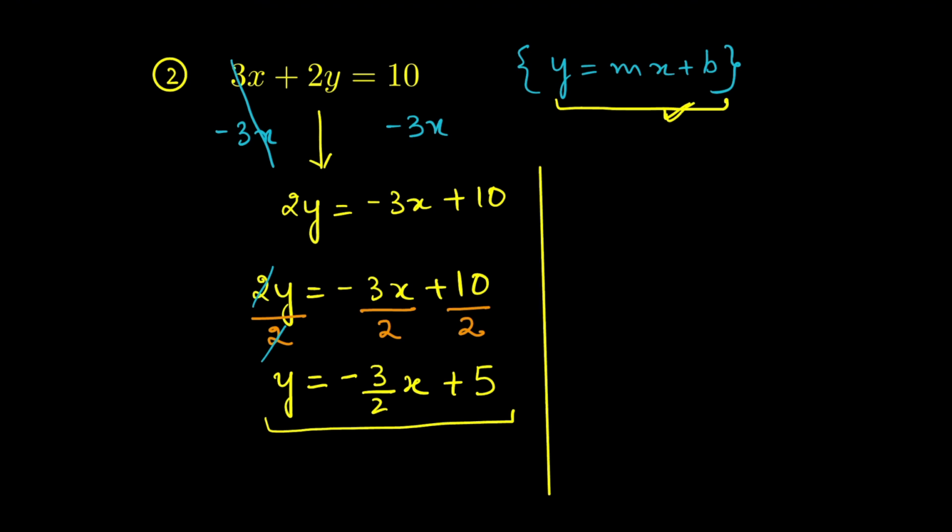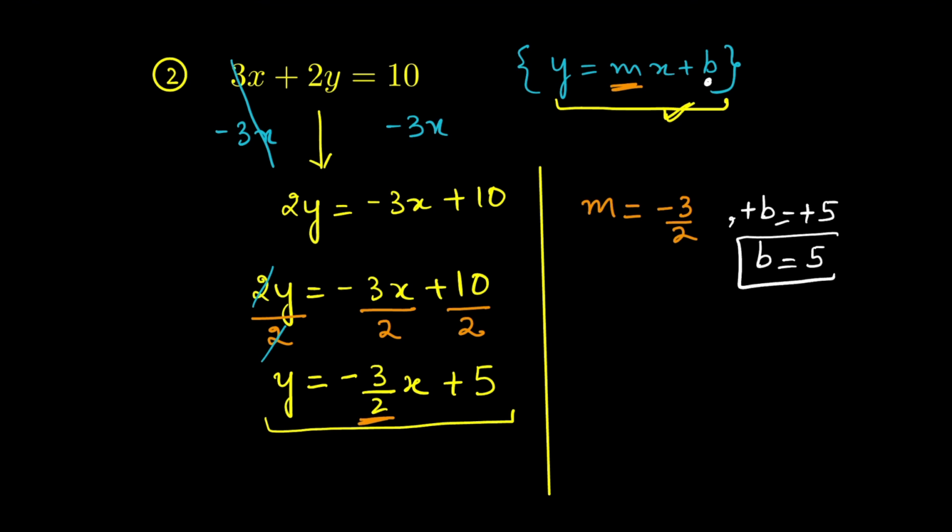The numerical coefficient of x is m, so here it is minus 3 over 2. So we get the value of m as minus 3 over 2, and then we see this value b. We write positive b, and here we have a positive 5. So we get b as 5. And this is the value of slope.